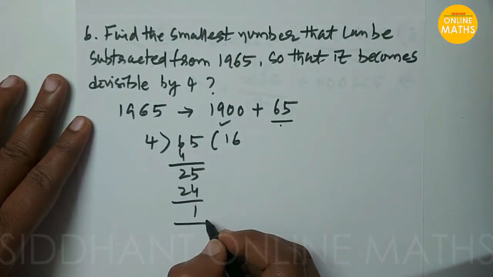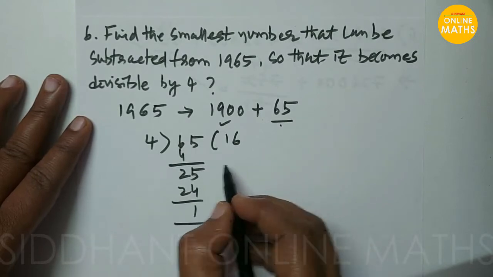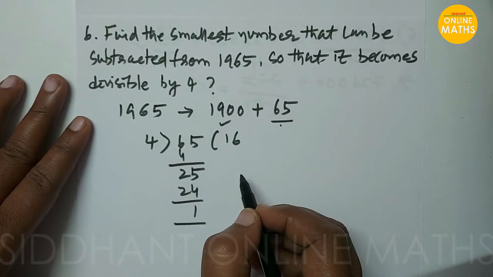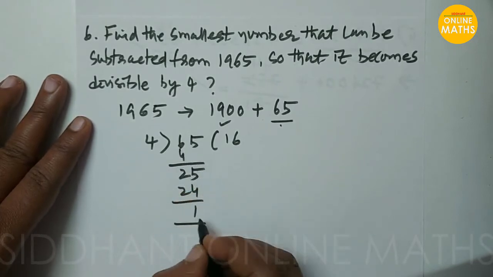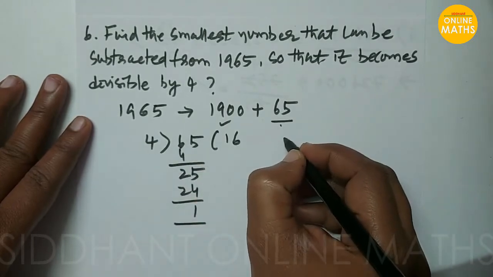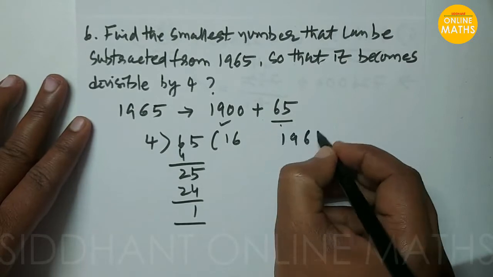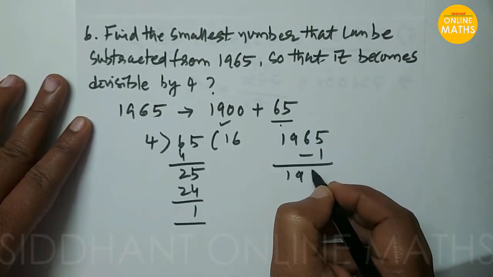So when you see the remainder 1, you are going to say that the number is not divisible by 4 here. In order to make the number divisible by 4, we have to deduct 1 from the given number here. That means 1965 minus 1, we are going to see 1964.